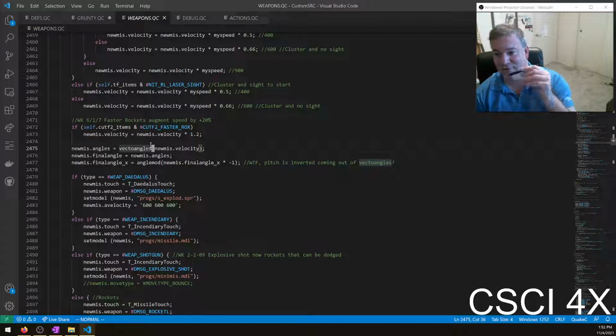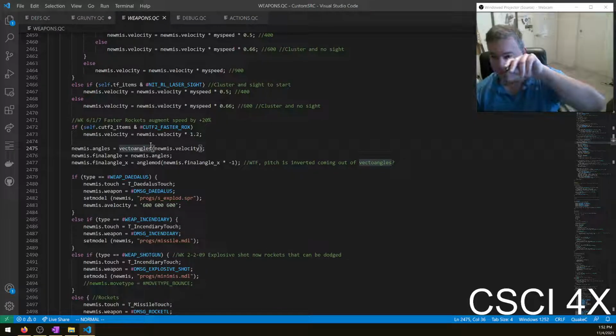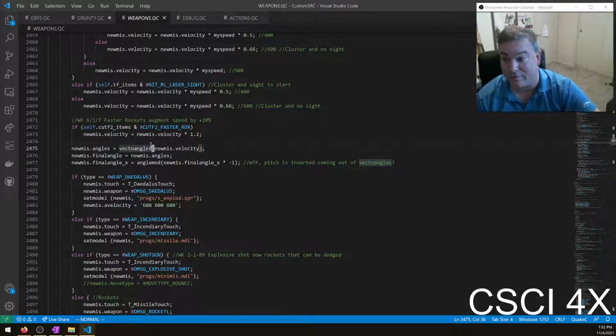But I would shoot a rocket and they'd always be pointed in the x direction. If I shoot it facing the x direction, the rocket comes out pointing the right way. If I shoot down the y, it comes out sideways, which looks terrible. So with this function, vector to angles, you give it a direction the thing's moving, and it gives you a rotation that will make it point in the direction that it's moving.